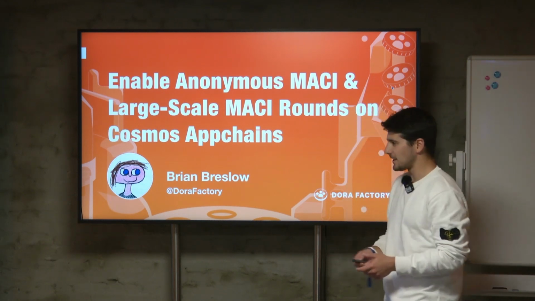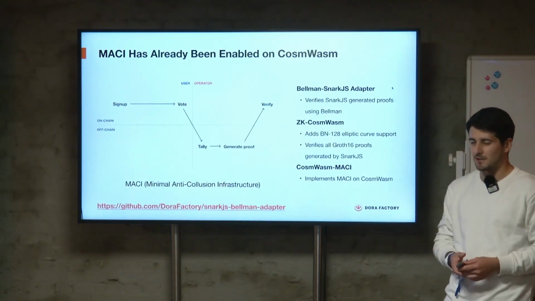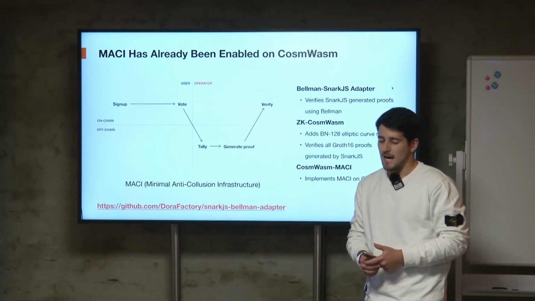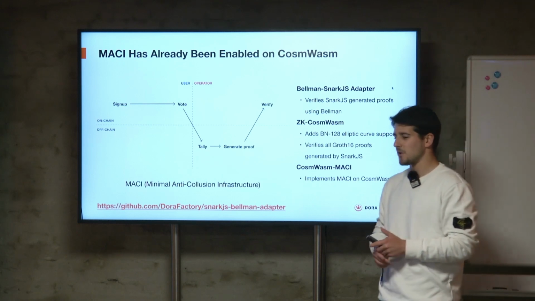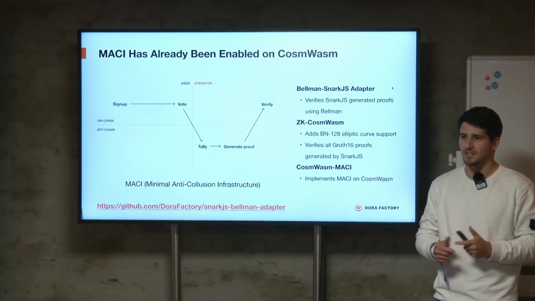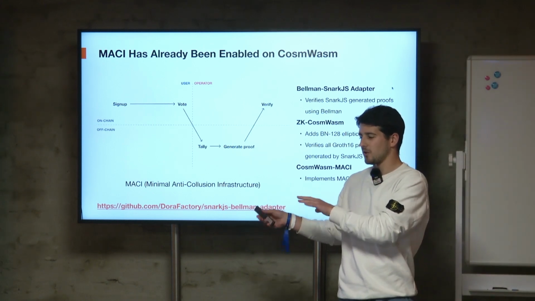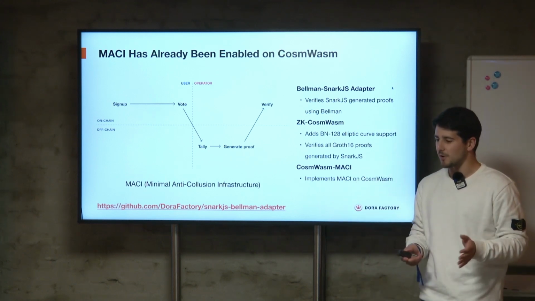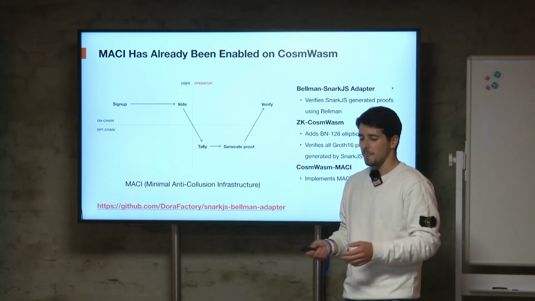This will really be a combination of a presentation and a demo of MACI voting. If you haven't heard of MACI voting before, it stands for Minimal Anti-Collusion Infrastructure. The idea of implementing this type of privacy voting has been around since 2018, where we were originally a research organization working alongside the Ethereum Foundation to come up with this concept of MACI voting, how to bring minimal anti-collusion infrastructure to crypto.